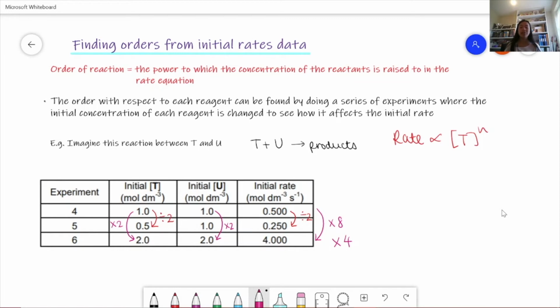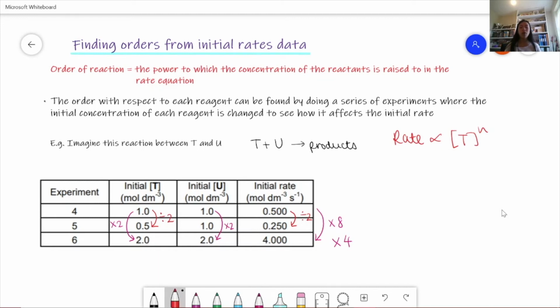And so this means that the order with respect to U is 2 because 2 squared is equal to 4. The order isn't 1 because we're multiplying the concentration of U by 2, and the initial rate isn't doubling as well, it's multiplying by 4. So that means that the order with respect to U is 2.